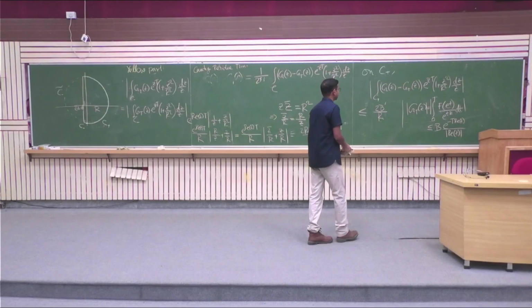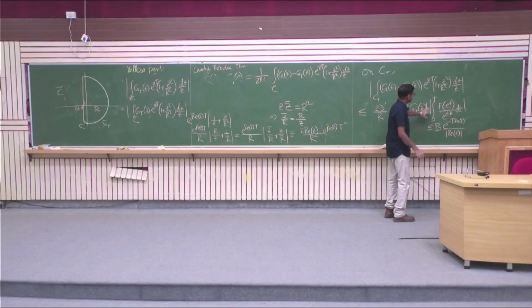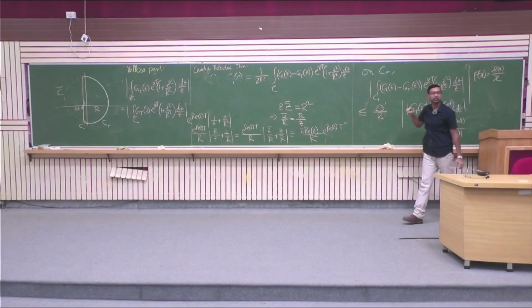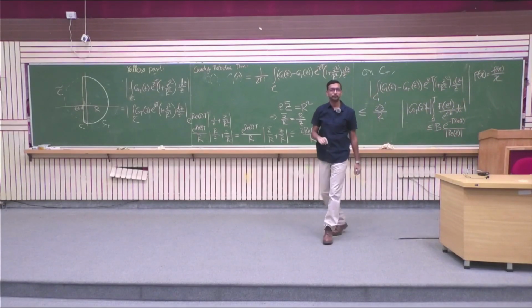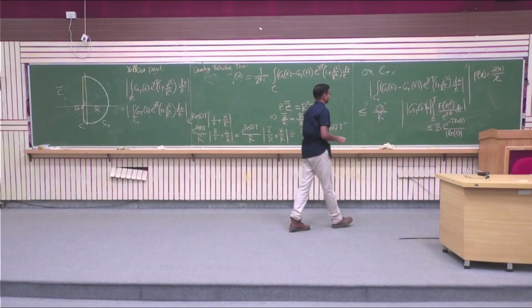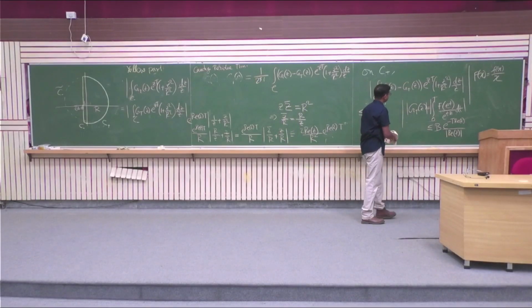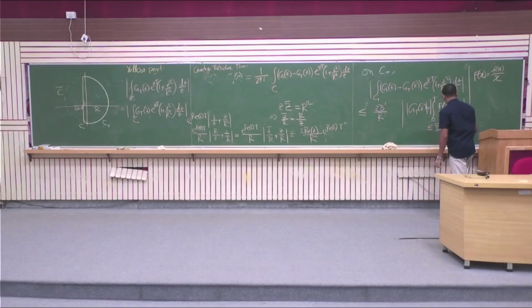Okay, capital F. Well, capital F was f of x equal to f of x by x. Okay, let's see.